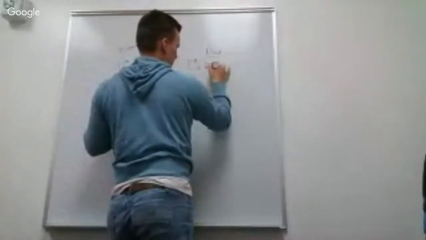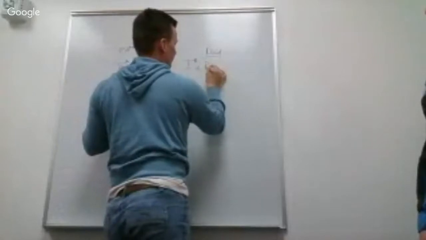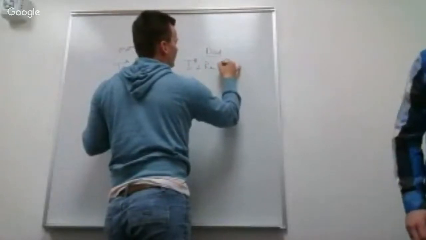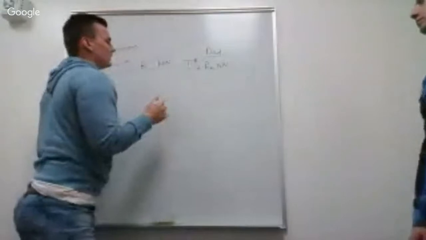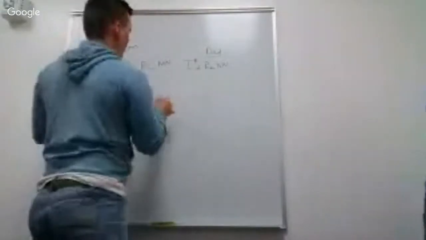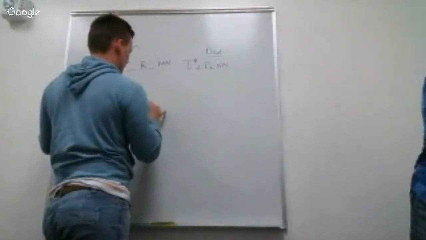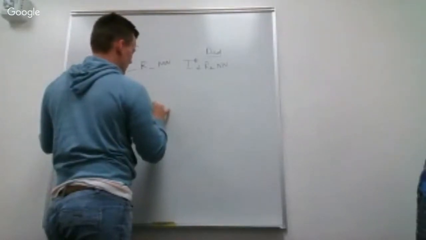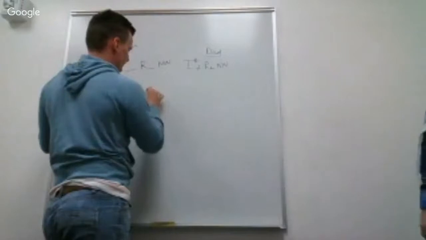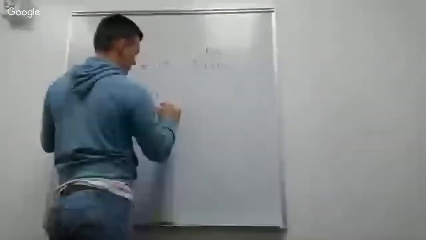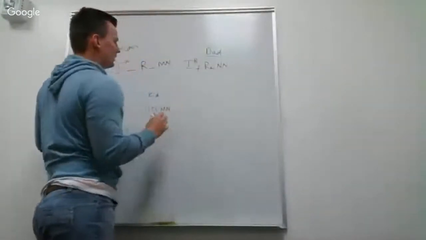R, R, this could be anything. And then just N. And the child has O, Rh negative, little r, little r, and then M, N.